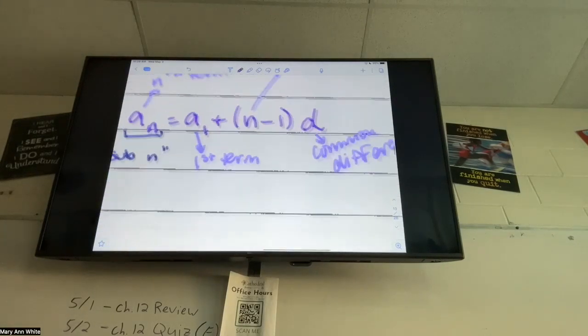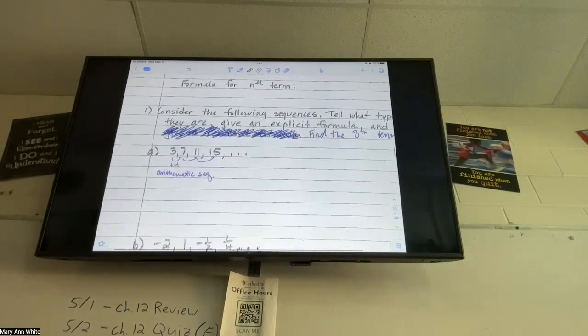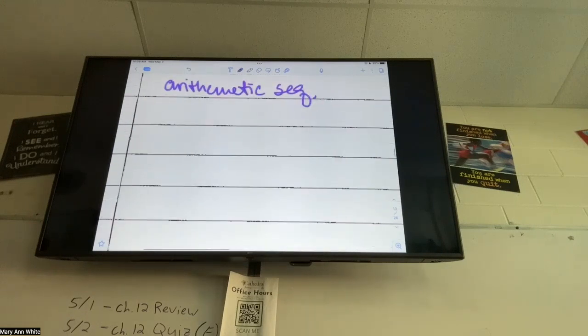Okay. That means that I need to use my formula that we just learned above. I'm going to come back up here and I'm going to write it down just so I don't forget it, and then I'm going to plug in the pieces that I know. So I've got a sub n equals a sub 1 plus n minus 1 times d. We don't know my a sub n term, because I'm just finding a general equation, so I'm going to keep that a sub n there.